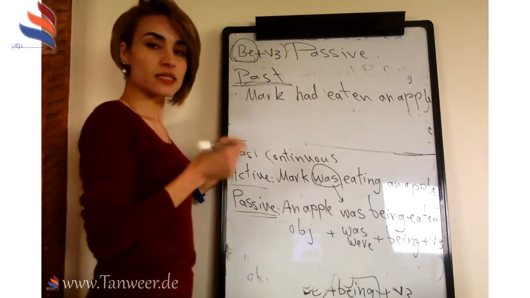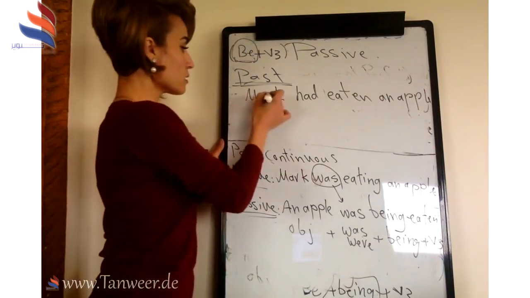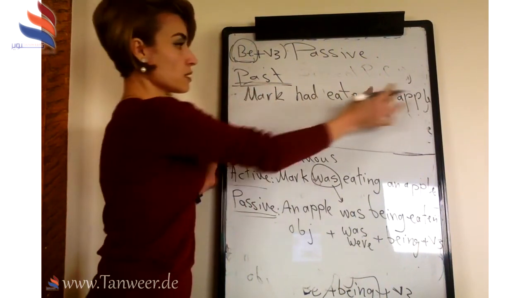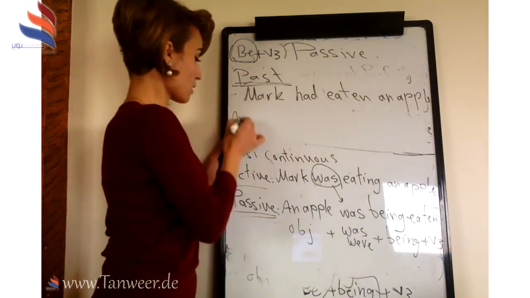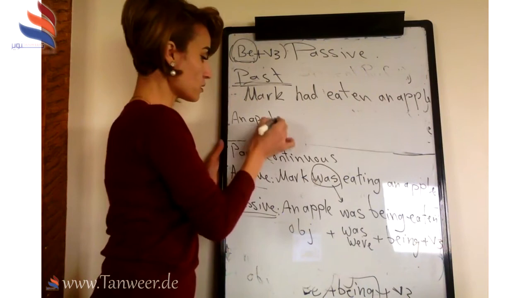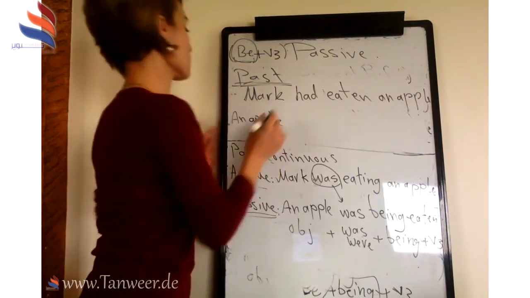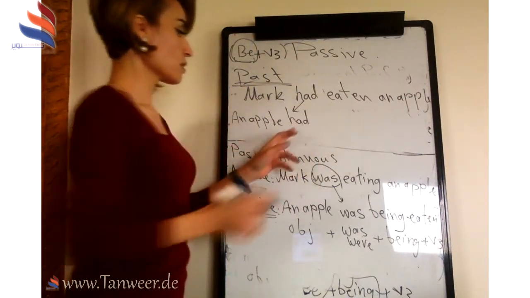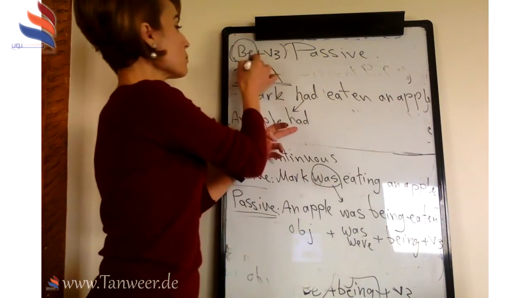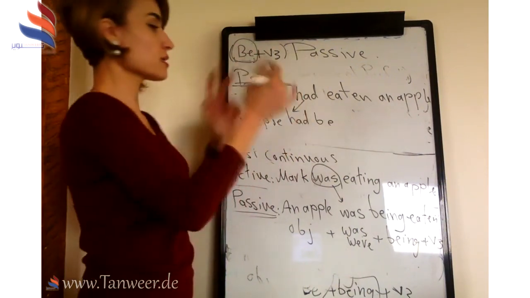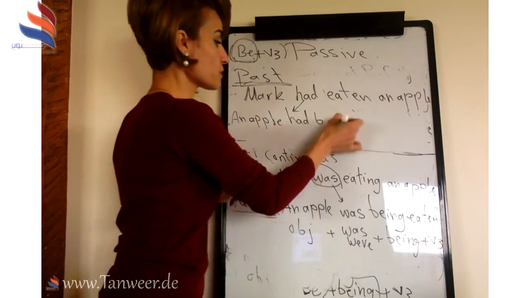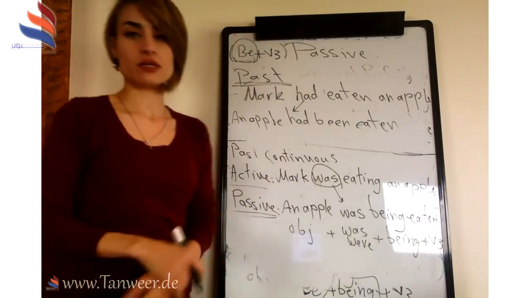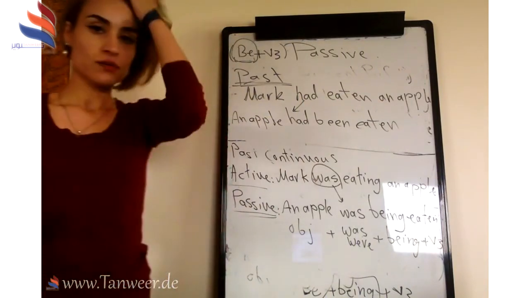Object, an apple. Again, had must be down. Verb 3 from be is been, because after have, has, and had, I need verb to be in the third form, which is been. Had been eaten by Mark.